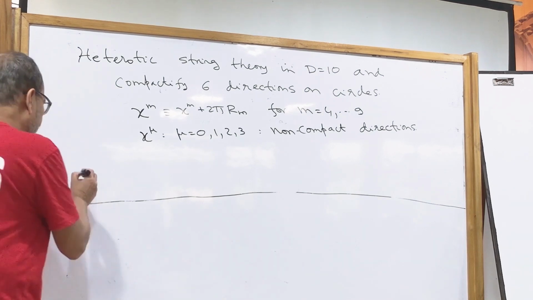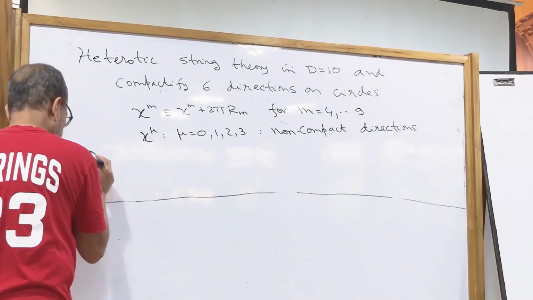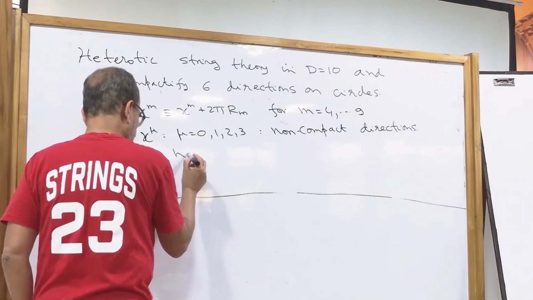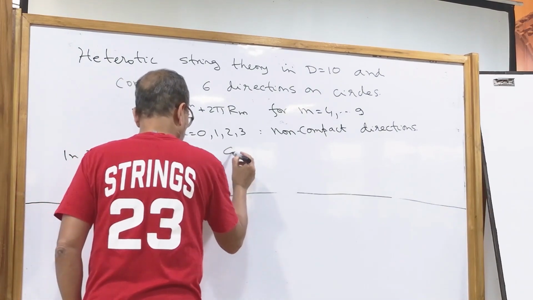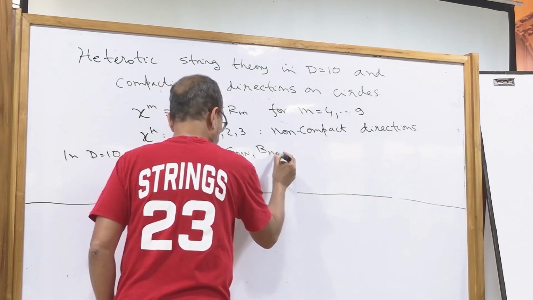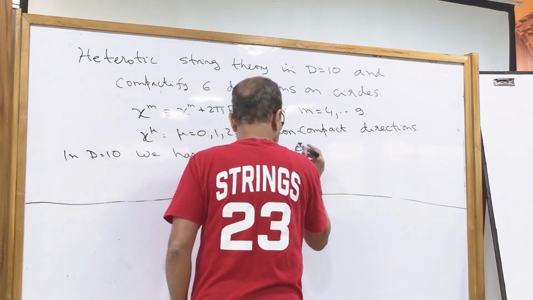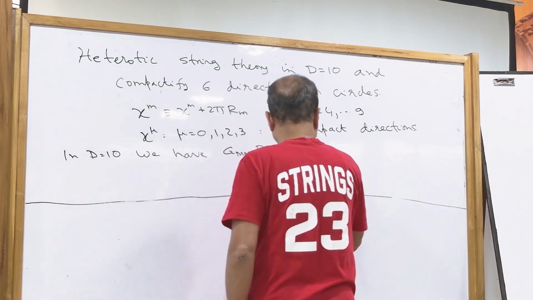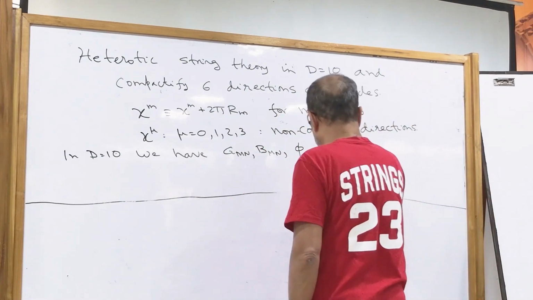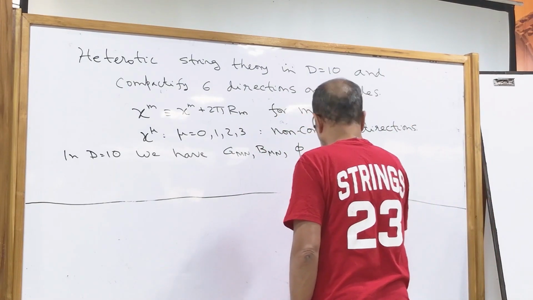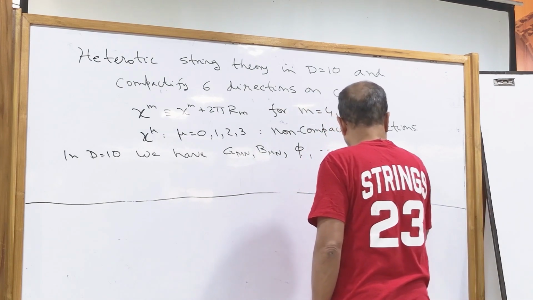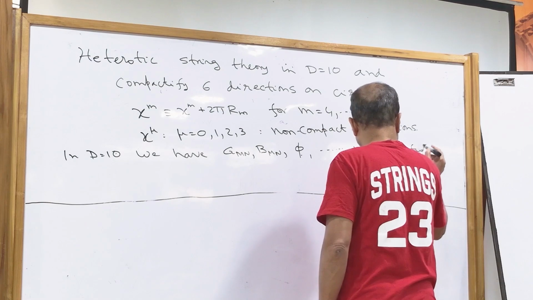Now in D equal to 10, we have massless fields G_MN, B_MN, phi. Right? And then there are some other gauge fields which I will not write down because you may not have seen them.